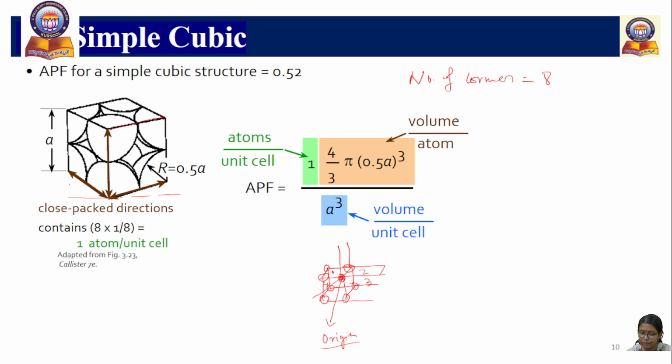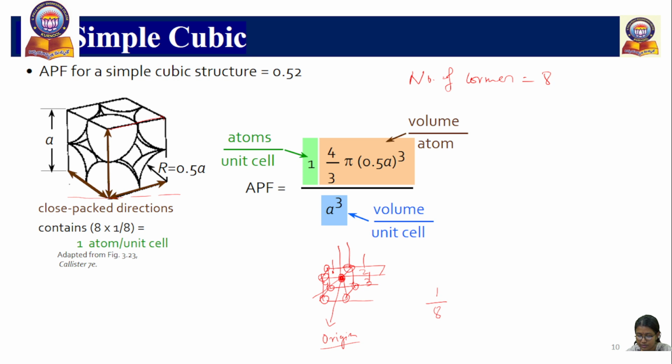If we start building unit cells on the top floor, then 4 more: 1 above 1, 1 more above 2, 1 more above 3, 1 more above 4. So how many unit cells is this lattice point being shared with? 8. So the total is divided into 8 parts.